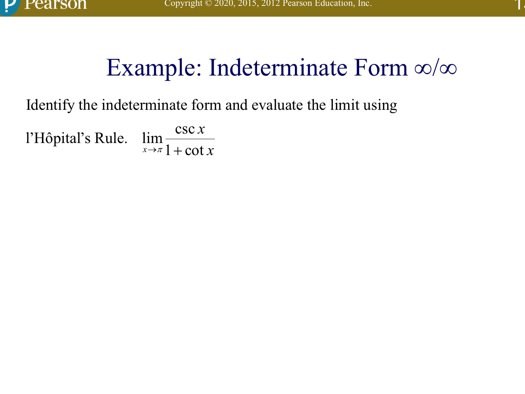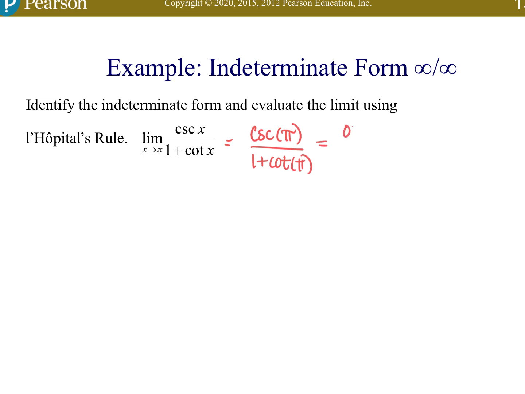Okay, we're going to try plugging in pi for this one. So we're going to get the cosecant of pi plugged in and 1 plus the cotangent of pi. The cosecant of pi is coming up where there's an asymptote for cosecant.